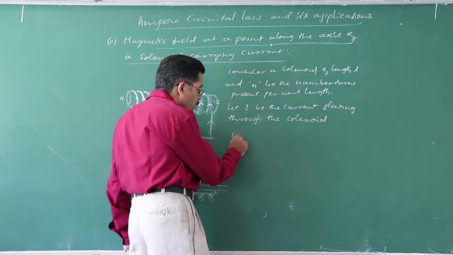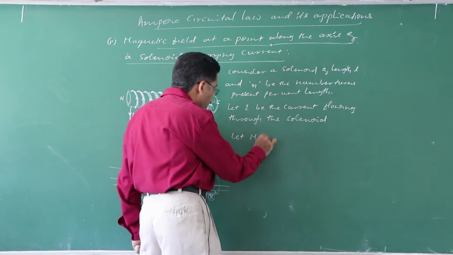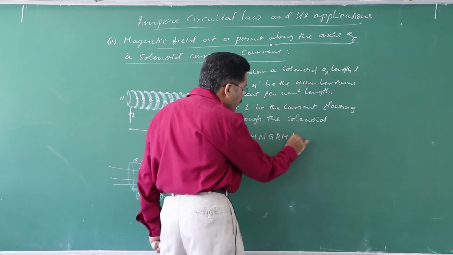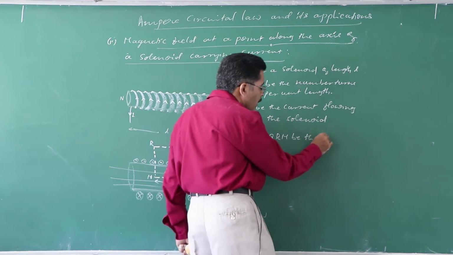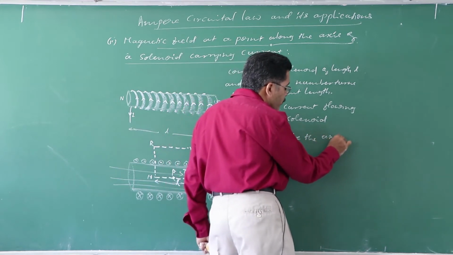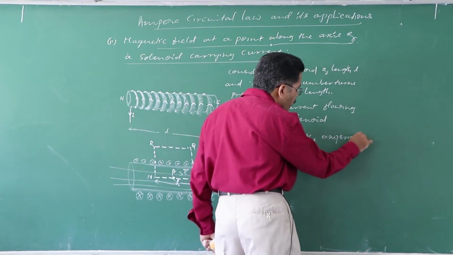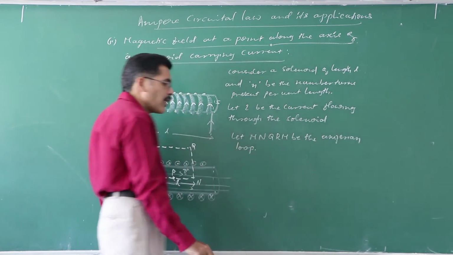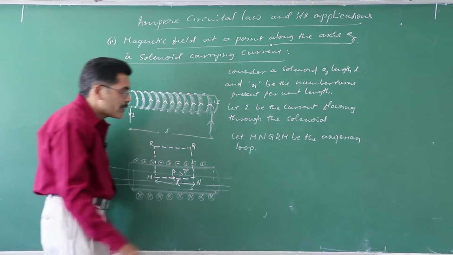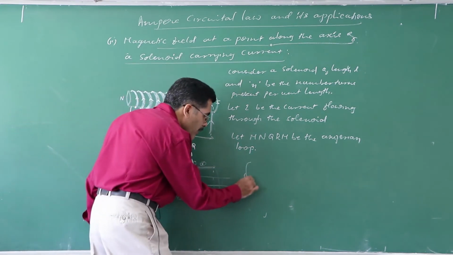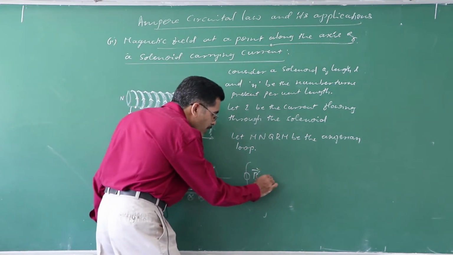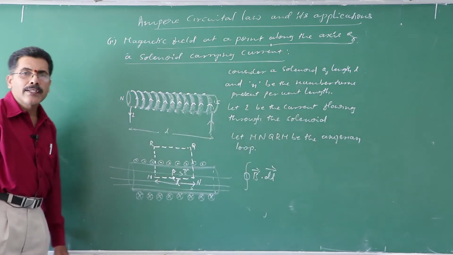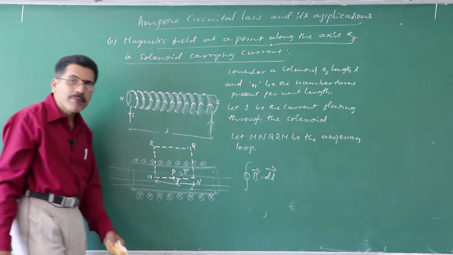Let M, N, Q, R, M be the Amperian loop. Then what is the magnetic field inside the solenoid by considering this Amperian loop?